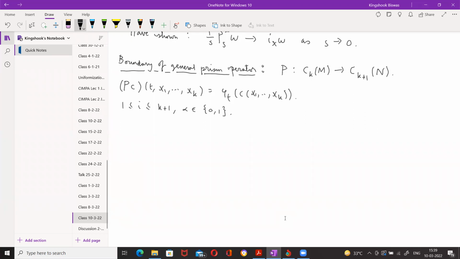So first, let's do when i is equal to 1 and alpha belongs to {0, 1}. So Pc (1, alpha) will be a function of k variables, so let me write them as x1 to xk.